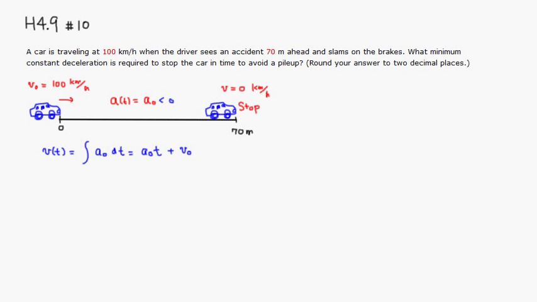Actually we have to convert it. 100 kilometers is 100,000 meters, and 1 hour is 3,600 seconds. So it's going to be in meters per second.